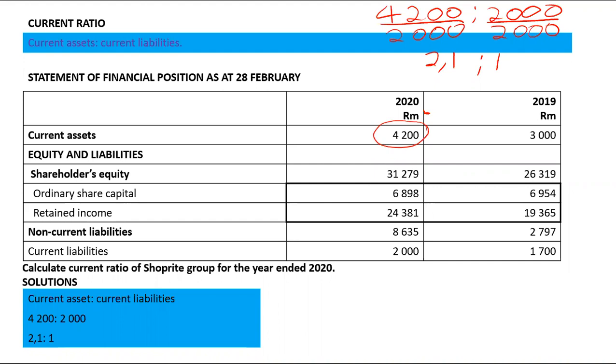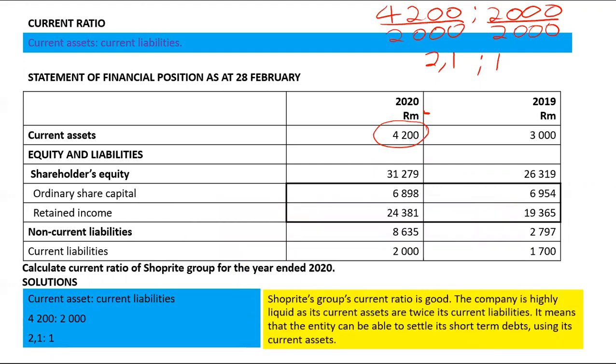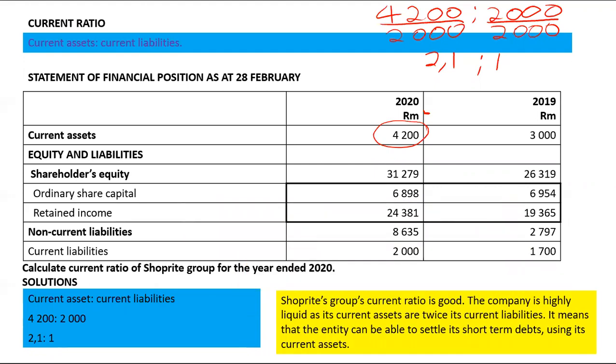Hence, here we're going to say ShopRite Group's current ratio is good. The company is highly liquid as its current assets are twice its current liabilities. It means that the company is able to settle its short-term debts using current assets. That's all it means. All right, can I move on?